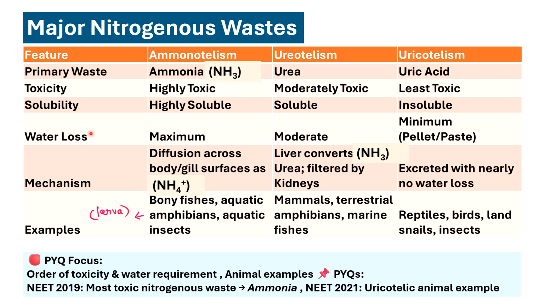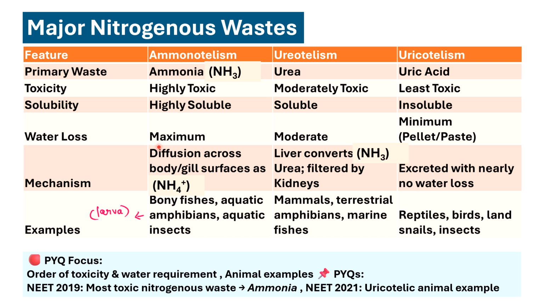Now that you know that a lot of water is required for ammonia to be produced as a byproduct, where can we see these ammonotelic organisms? Definitely in the habitat where organisms are living in an aquatic environment, right?